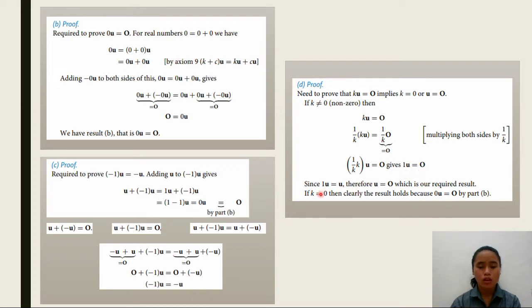So since 1u equals 0, therefore u equals 0, which is our vector result. If k equals 0, then clearly the result holds, because 0u equals 0 by part B. So we go back to part B.